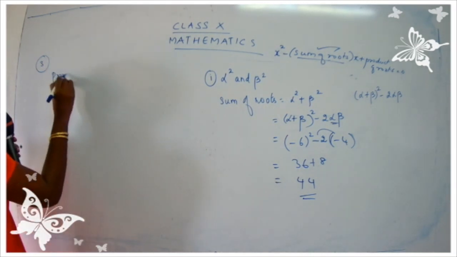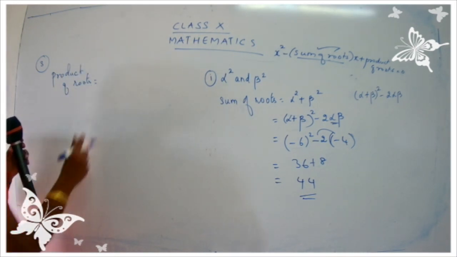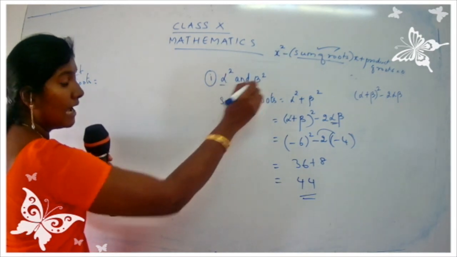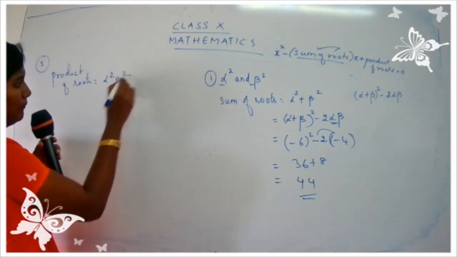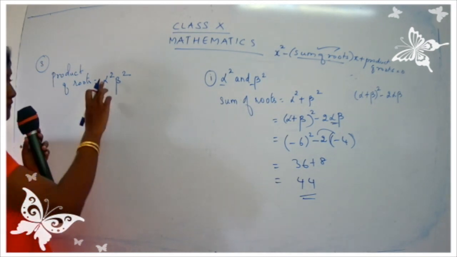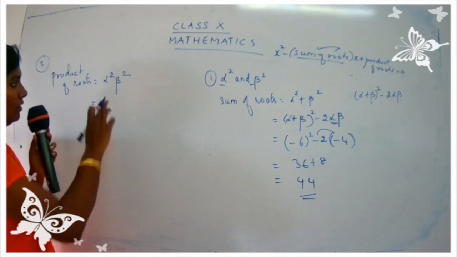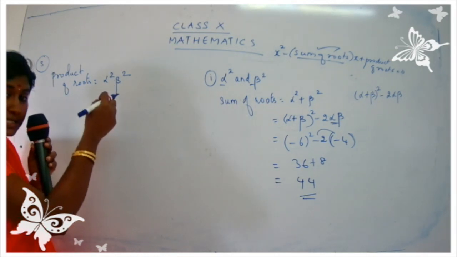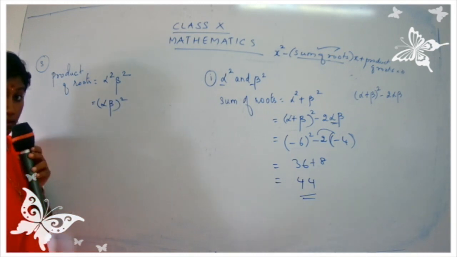Product of roots is equal to, what is the new root you are going to take here? Alpha square and beta square. So write down here alpha square, beta square. Multiplication. So alpha square into beta square. So I have just written them together. Now I have told you how to change this. Yes. Alpha beta and write down the whole square.